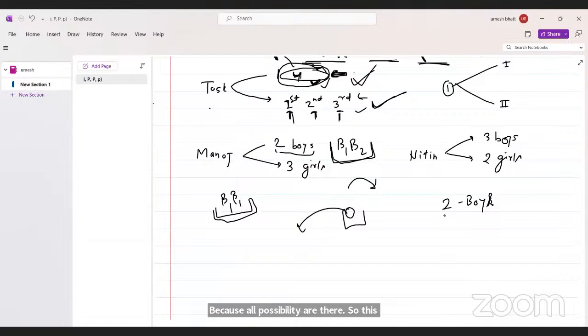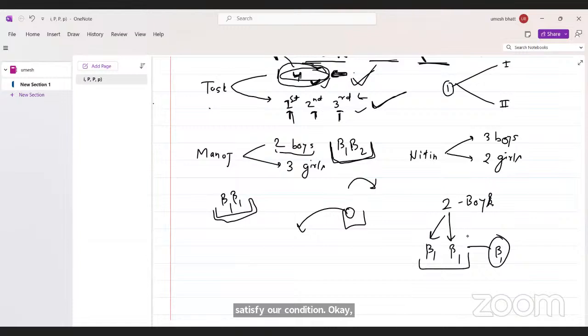In this case, if Manoj first invites B1 and then replaces it in the bucket, then in the second case B1 may also be chosen. He would only invite B1, which does not satisfy our condition. So without replacement, our event is satisfied.